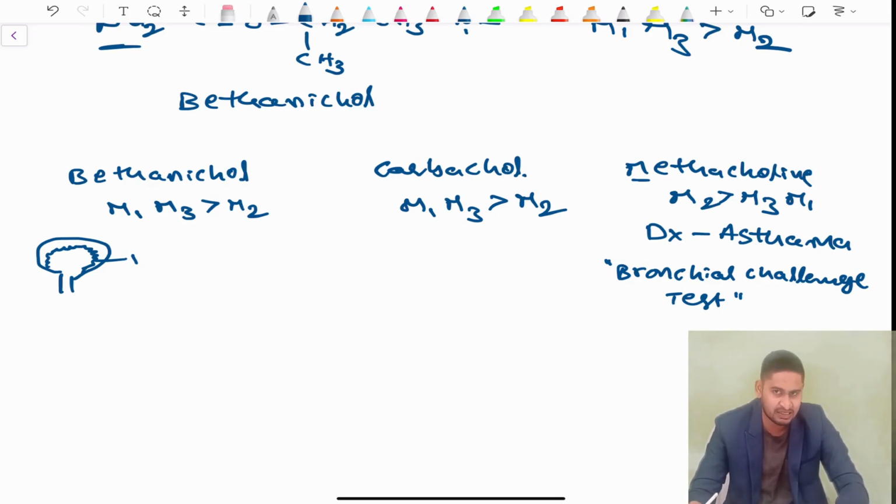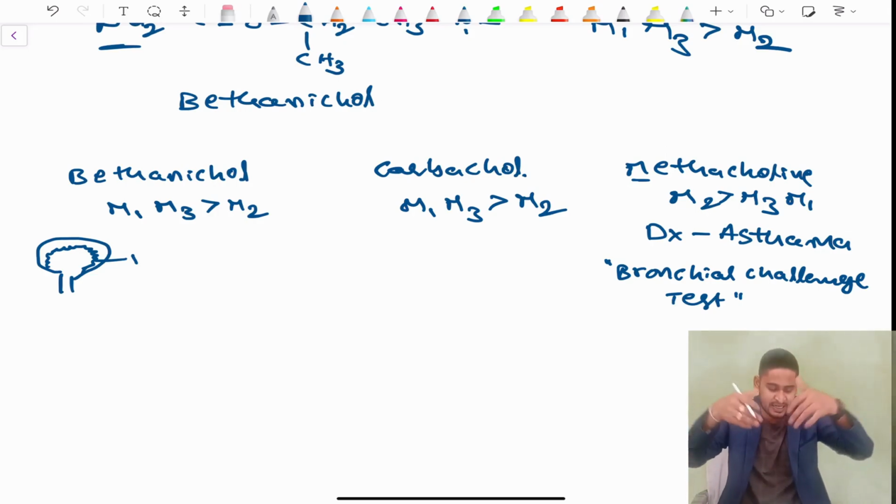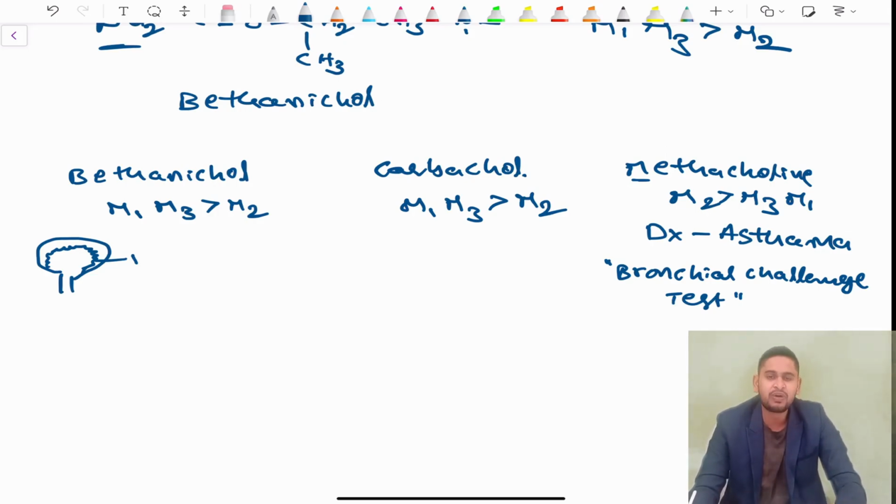But in a diseased condition where there is no activity of the stretch receptors, the urine keeps filling and retaining inside the urinary bladder, and the bladder is not reacting for contraction.